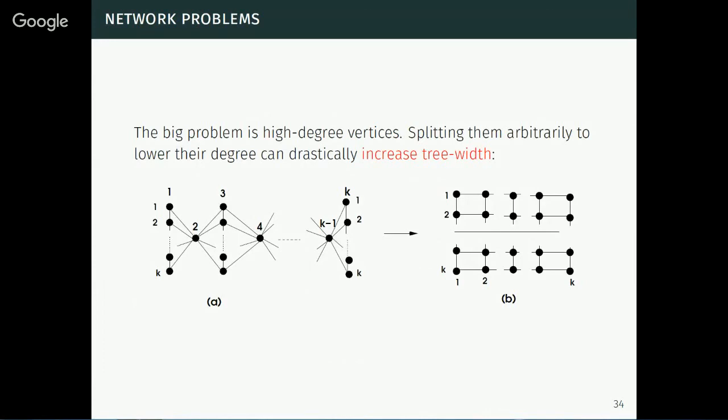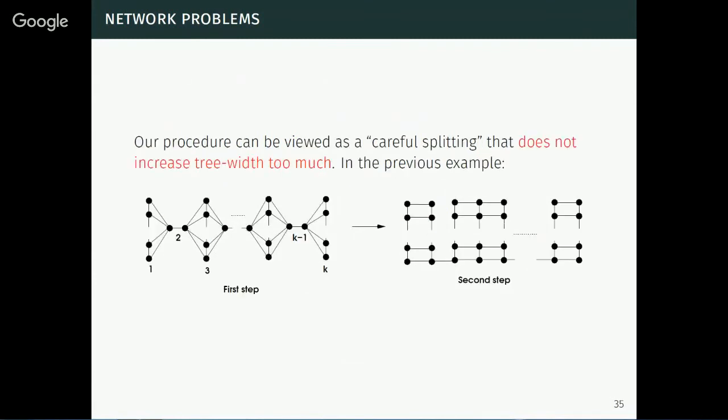So it's not sufficient to only split. You need to split in an intelligent way. And that's the tricky part of this part of our work: we prove that there is a careful splitting that you can do that does not increase the tree width too much. So you can replace all the high degree vertices with low degree vertices by splitting them in this careful way.